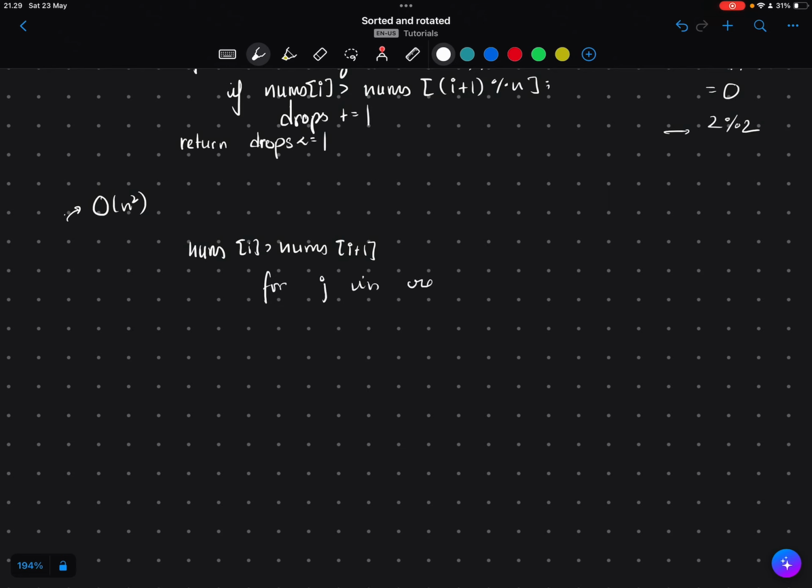What I would do is run another loop from j in range i plus 2 onwards, and I would just check whether the portion of that array is sorted. If that portion is not sorted, I would return false.